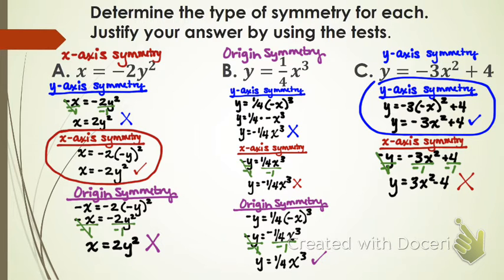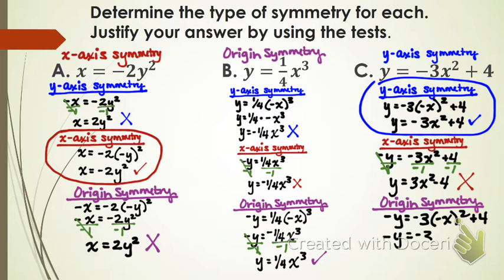And last but not least, we're going to check for origin symmetry. So I'm going to replace both the x and the y here. So I have negative y equals negative 3, and then (negative x) squared plus 4, exponents first.